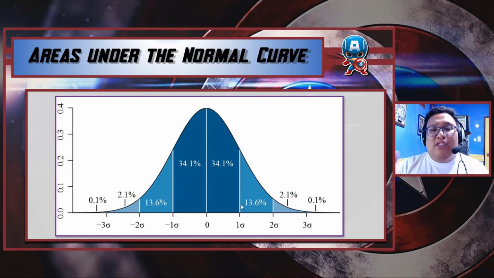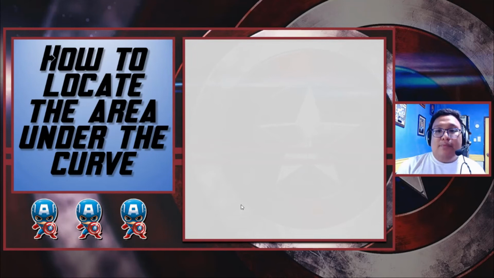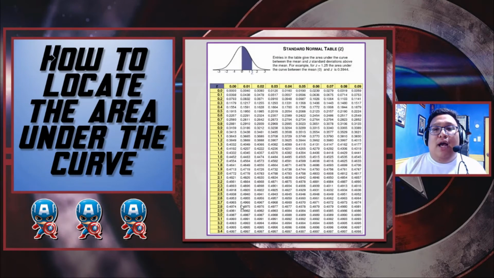So, dito sa ating standard areas na nakalagay dito, hindi natin siya kagad makikita. Kasi 1.5, it's decimal. Kaya papasok yung tinatawag nating table of areas under the normal curve.